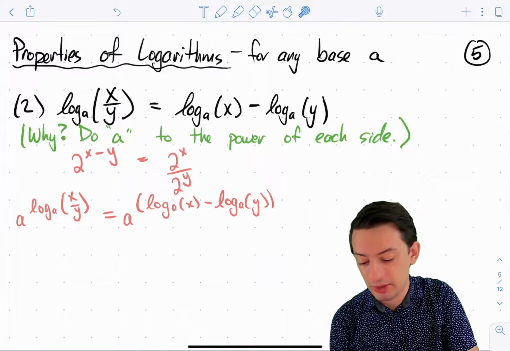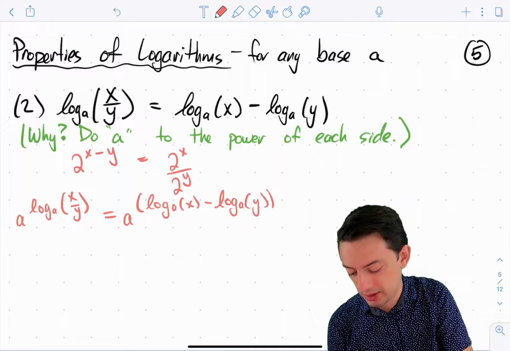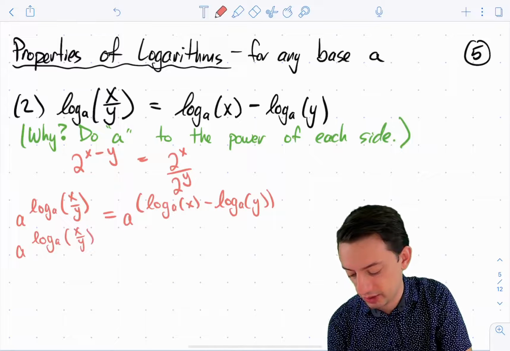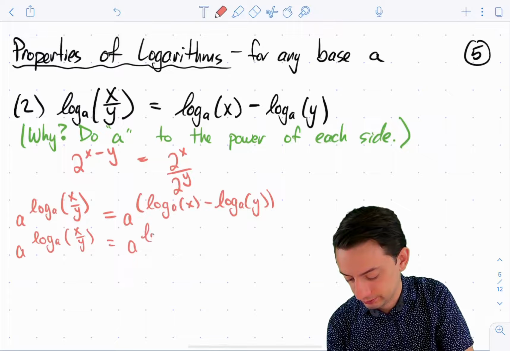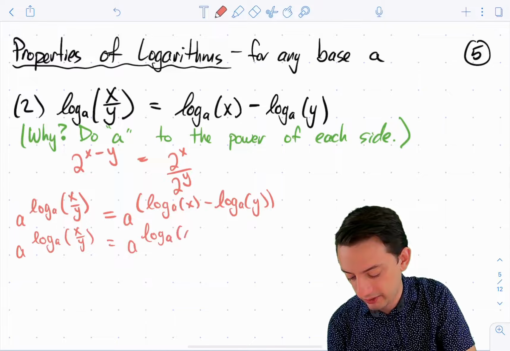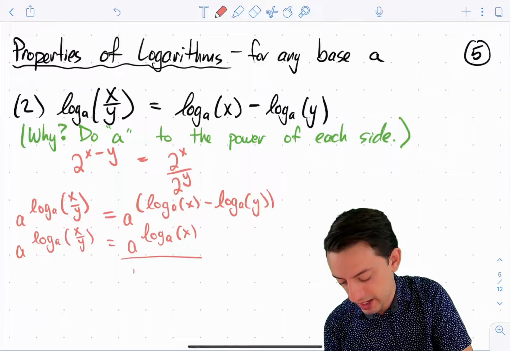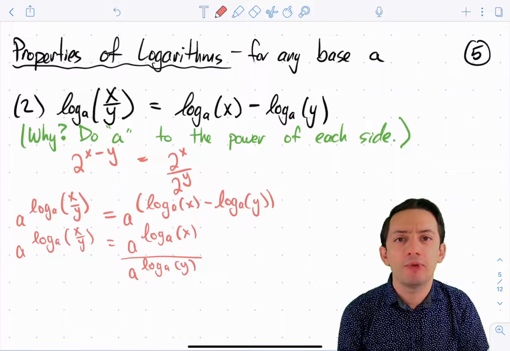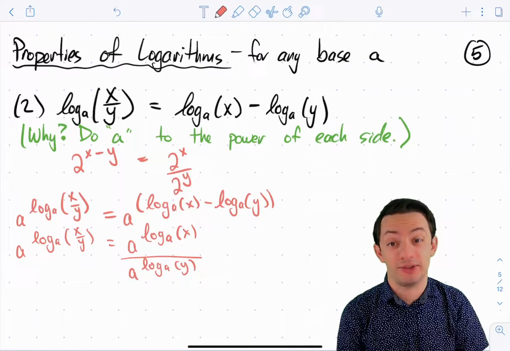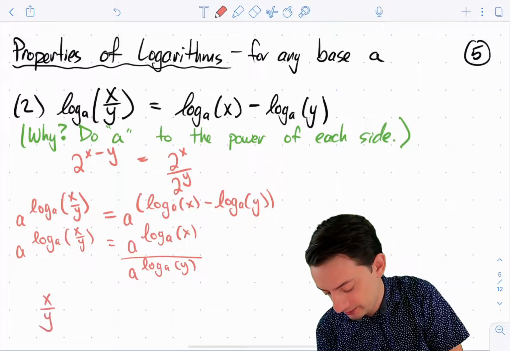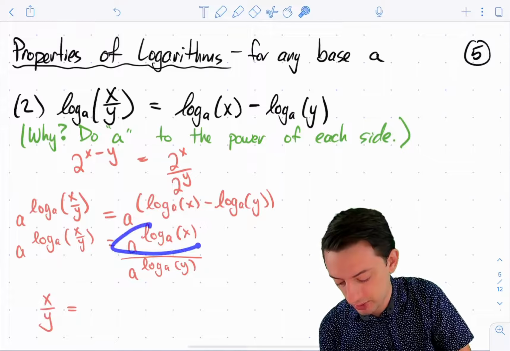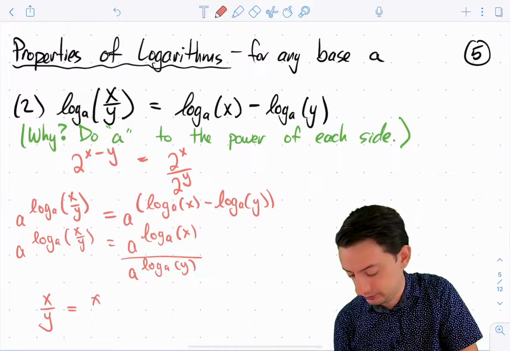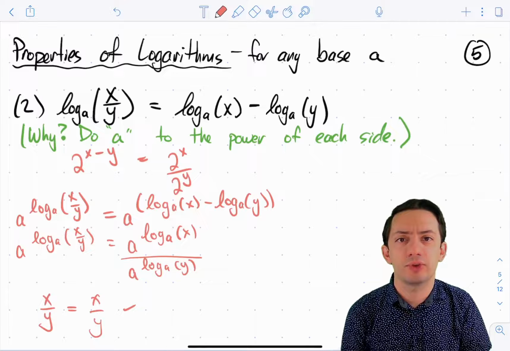We'll use this rule of exponentiation that we just wrote to make this right-hand side, leaving the left alone for a minute, a to the log a of x over a to the log a of y. And then like before, all of the a to the log a's cancel. So on the left, we have x over y. On the right, this whole numerator becomes x, and this whole denominator becomes y. So we've justified the rule in basically the same way.